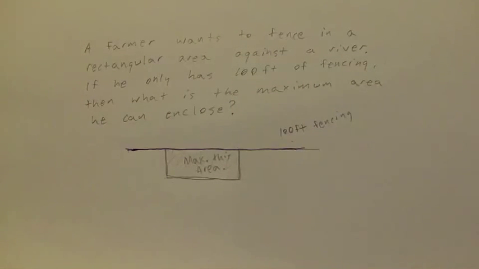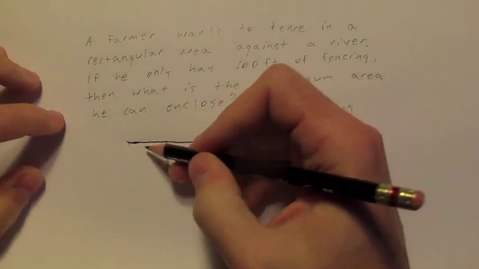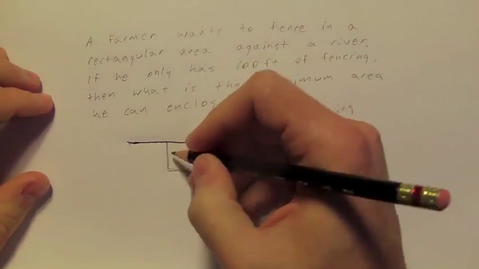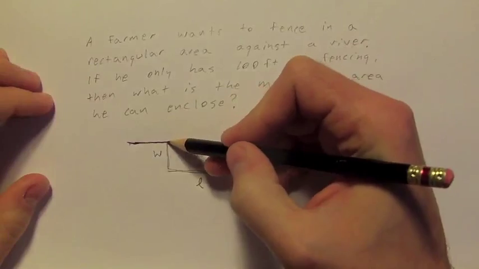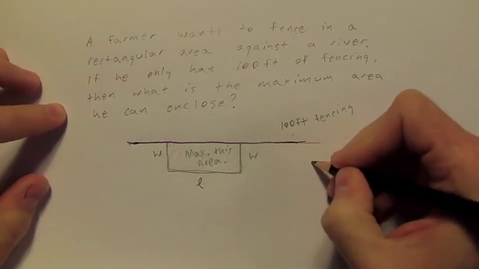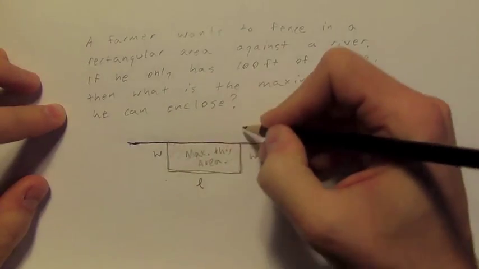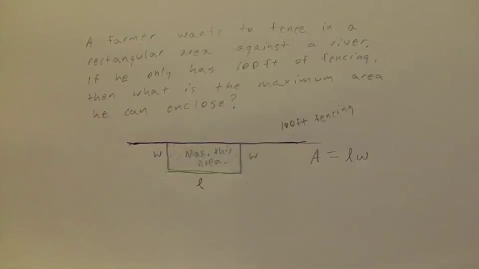So how we're going to do this is we want to maximize the area. So what is the area? Well, if I label this as, let's say, the length and this as the width, I have width, length, width. But the area of a rectangle is still going to be length times width.